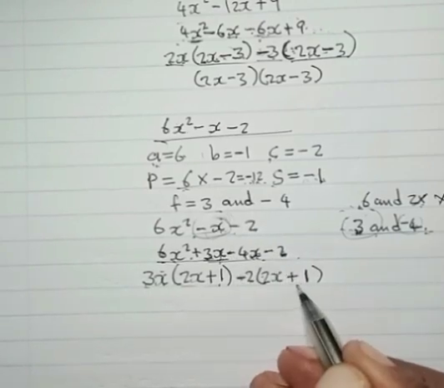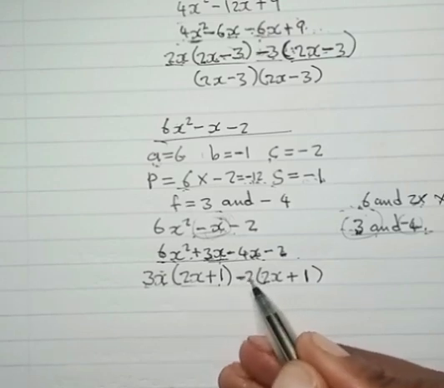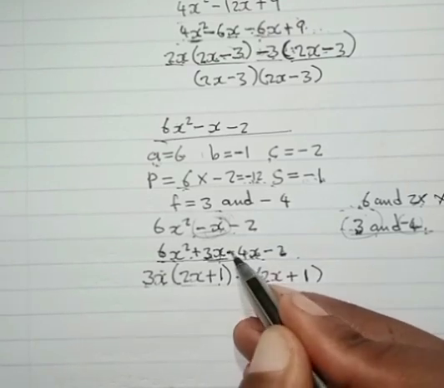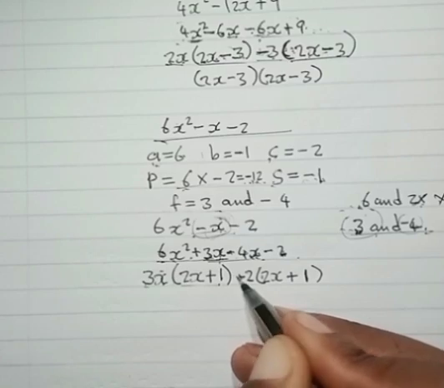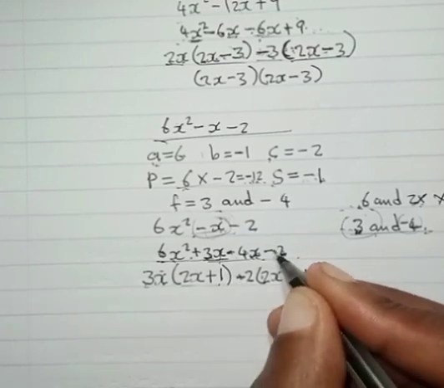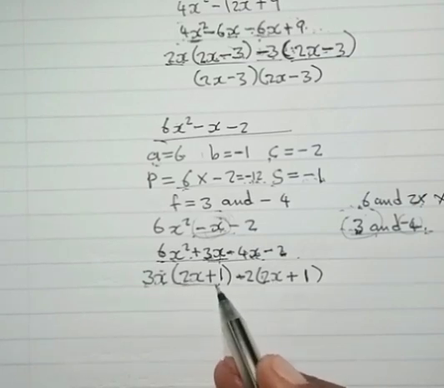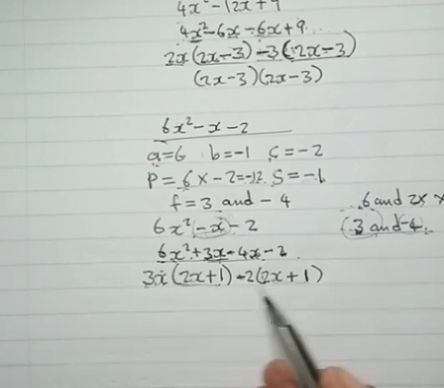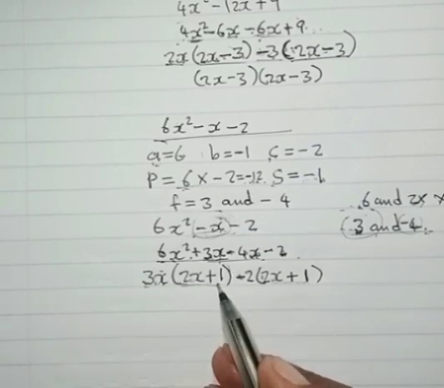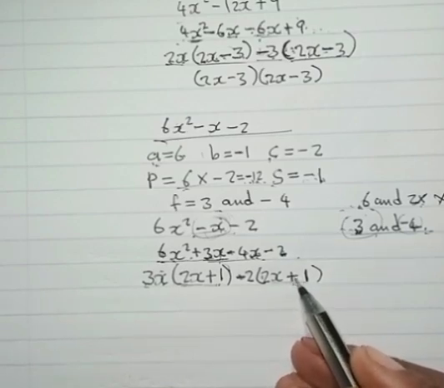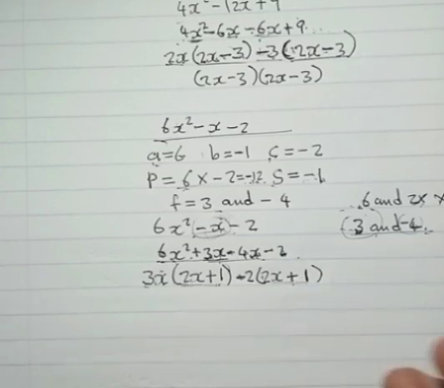Negative times negative. Negative times positive, we get negative. So this is how it's supposed to be, so that this and this are the same. Always, the first term must be similar to the second term, so use the signs which are going to make sense.